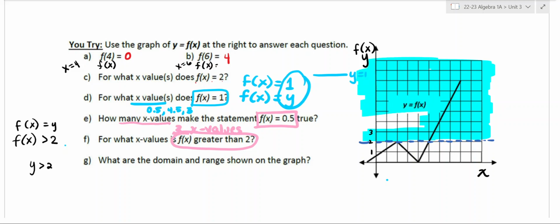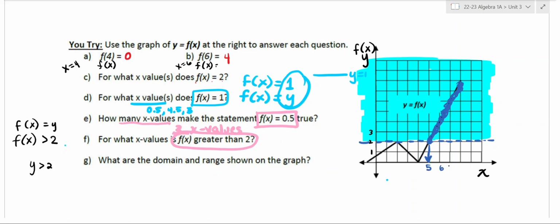Oh, no, now I'm going to finish coloring. All right, so for what x values? Well, the first x value is going to be here. And it's going to be all of this. So dark blue probably wasn't the best choice, but I hope you can see it. And it starts at which x value? 1, 2, 3, 4, 5.